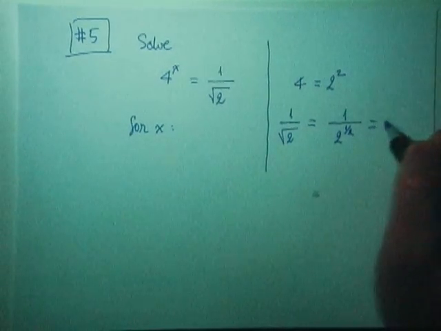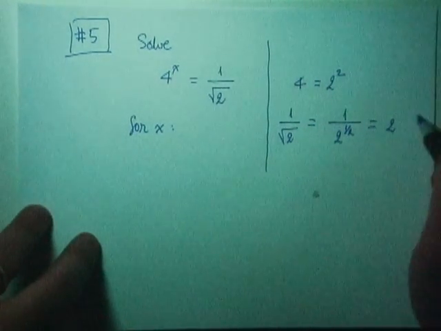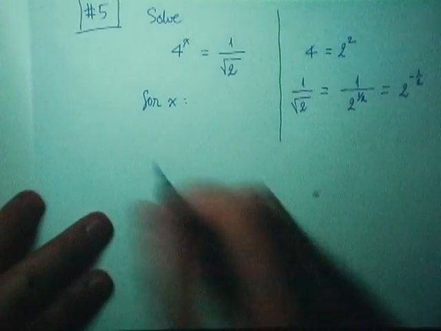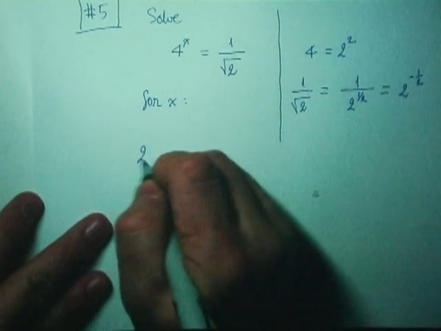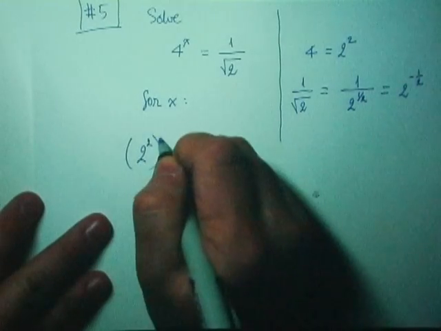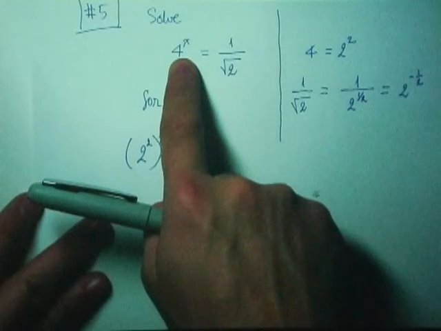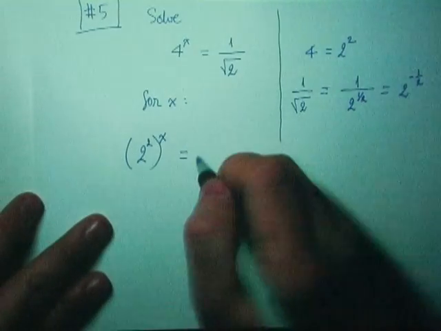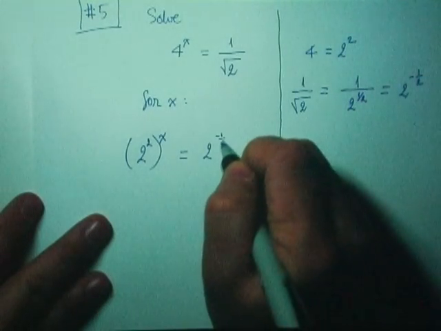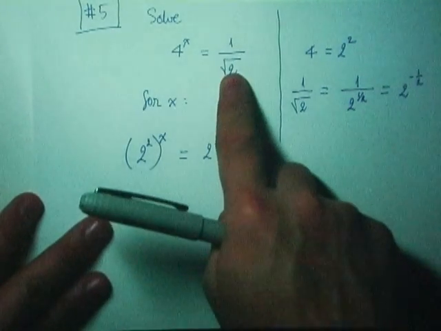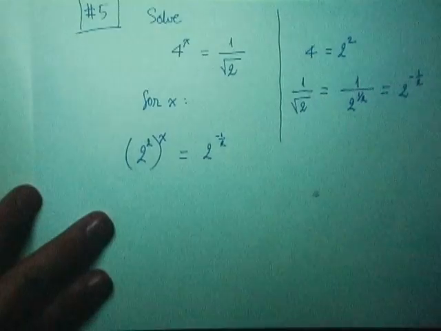That would equal 2 to the negative 1/2 power. And so now I'm going to turn my equation into 2 squared raised to the x power, where 2 squared is just the substitution for 4, and that equals 2 to the negative 1/2 power, which is just 1 over square root 2 on the right hand side.